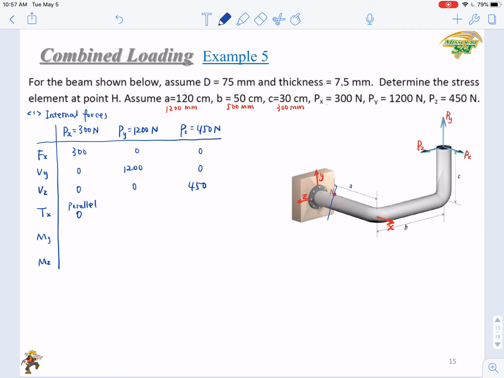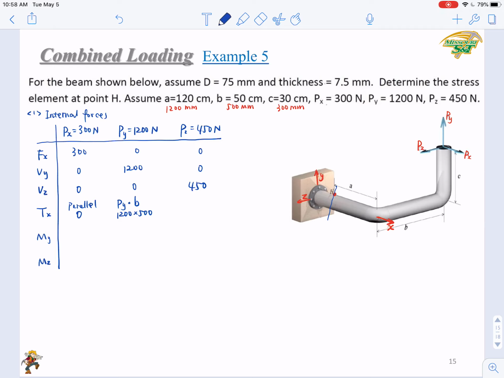Does Py make a torque about x-axis? Yes, right? So what is the arm of Py? A, B, or C? The arm will be B, right? So this torque component will be Py times B, or 1200 times 500.